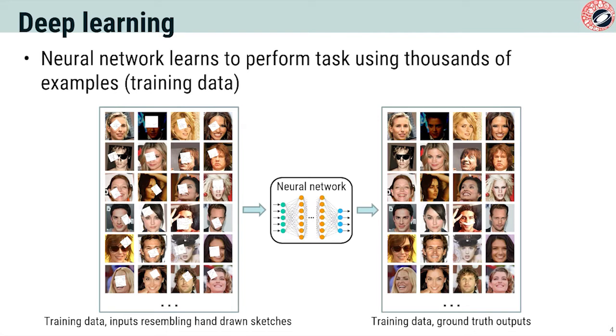Then we train a neural network to learn the mapping from input to output, from images that resemble human sketches to ground truth photographic images. The trained network can then generalize and perform the same tasks on new data that it hasn't seen during training. And this data, of course, consists then of actual hand-drawn user sketches.